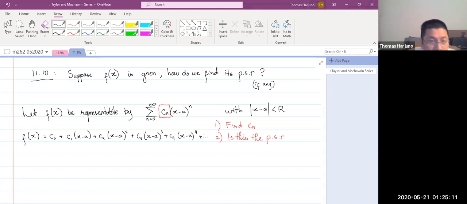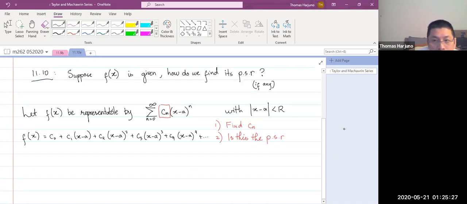I want to find the coefficients c0, c1, c2, c3, and on, based on the function.